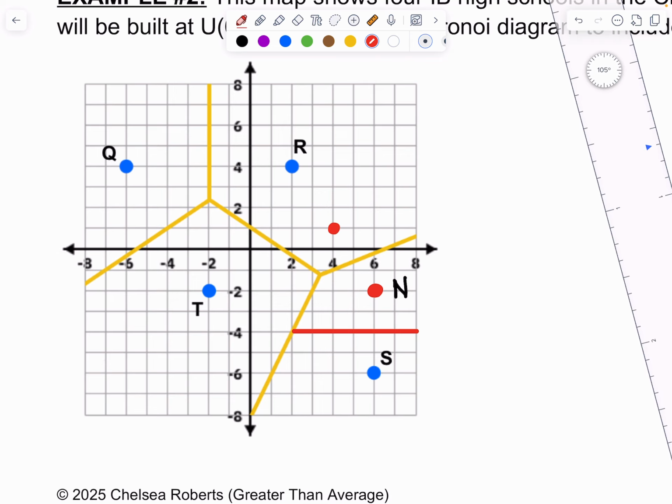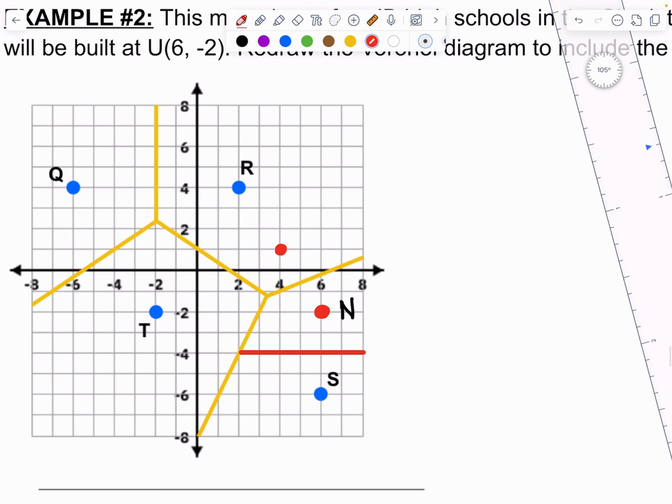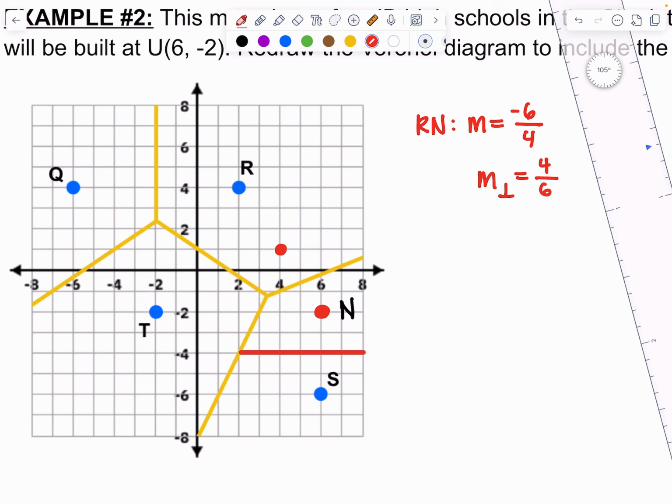So now if we look at RN, the slope is -6 over 4, but the perpendicular slope is a +4 over 6, or 2/3. So it means I can go up 2 over 3, down to left 3.